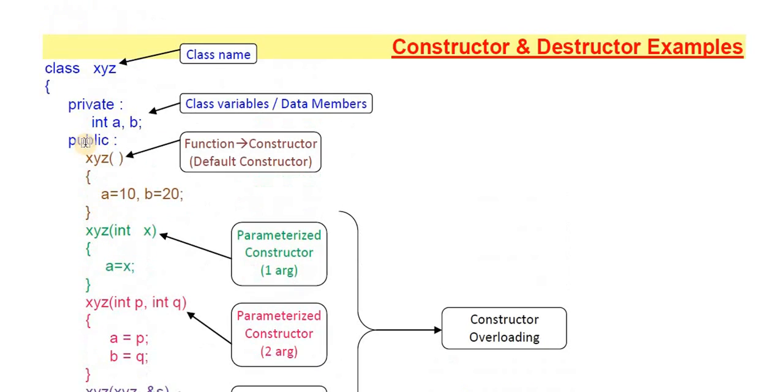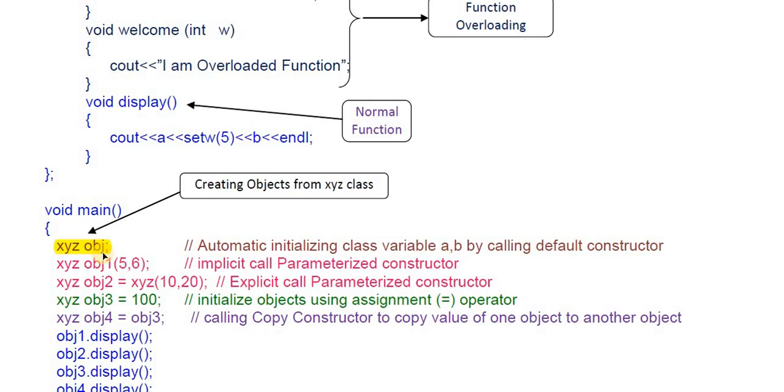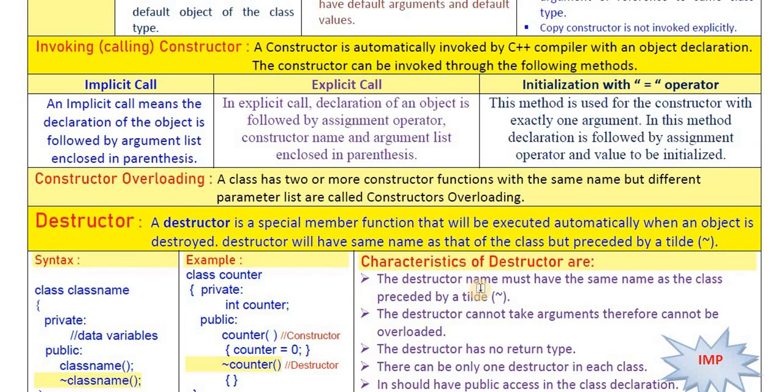This default constructor will be called automatically when we write this line. So the constructor is called or invoked automatically when we create an object. Second, there are different methods also there.